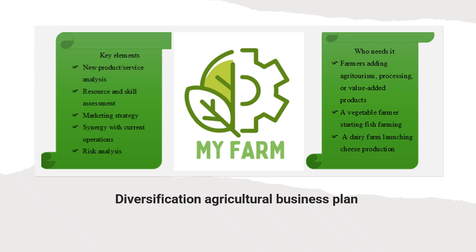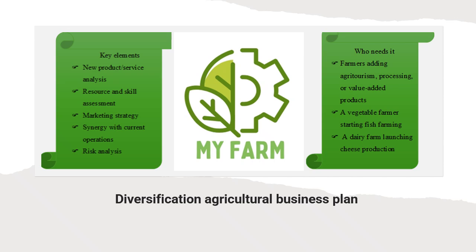First, it clearly defines the new product or service, whether it is agritourism, food processing, value added products, or a new farming enterprise. Second, it involves a detailed resource and skill assessment to determine what land, labor, equipment, and knowledge are required.